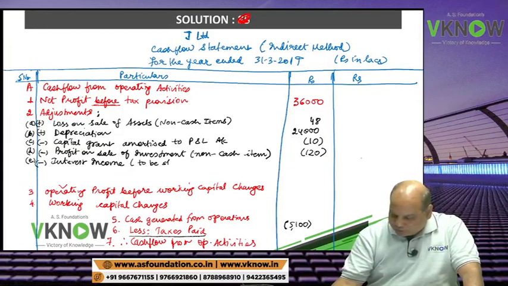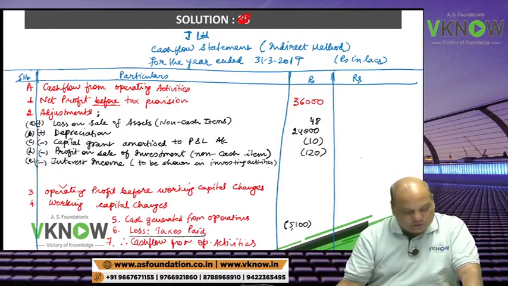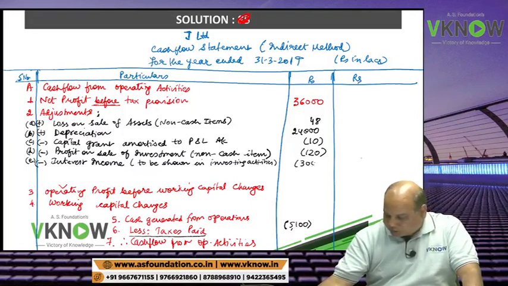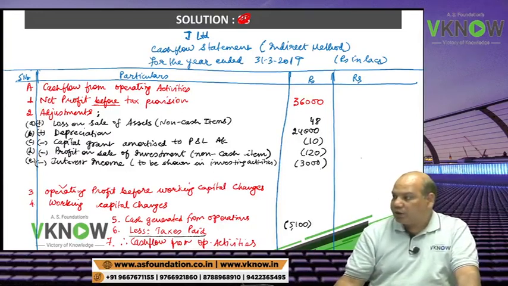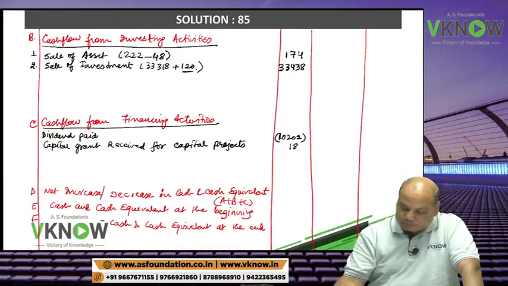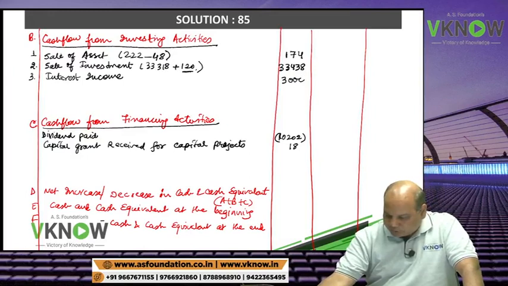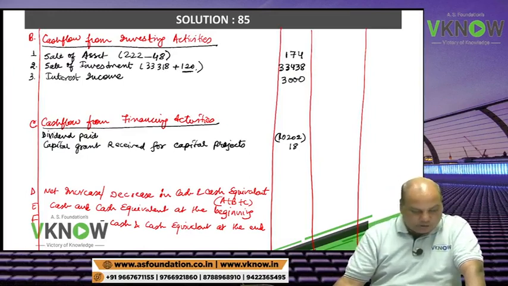To be shown in investing activities. So remove it from here in bracket 3000. And then you go to investment activity. Write down there interest income. Inflow 3000.